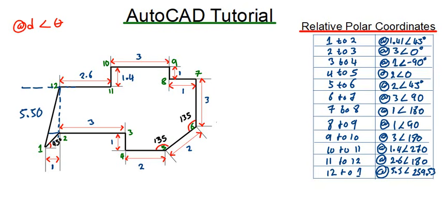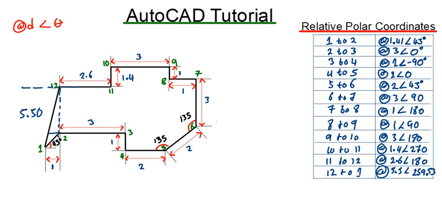Then 5 to 6, it's 2 with the angle of 45. Then 6 to 7, it's 3 at an angle of 90. Then 7 to 8, it's 1 at an angle of 180. Then 8 to 9, it's 1 at an angle of 90. Then 9 to 10, it's 3 with an angle of 180.